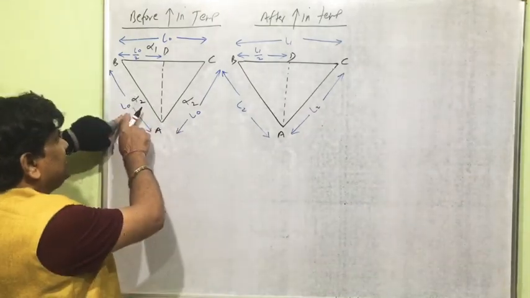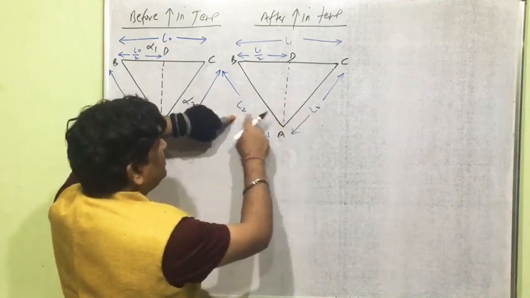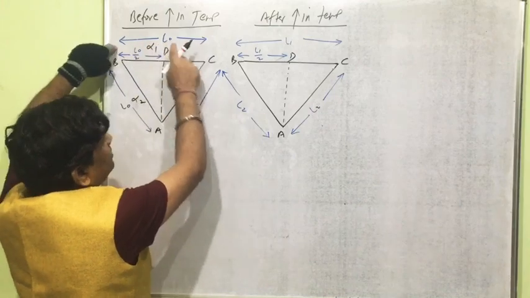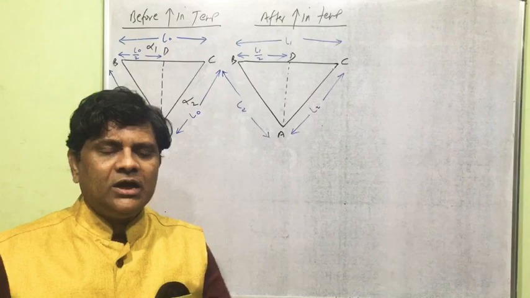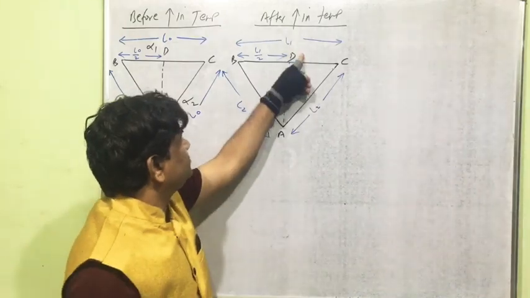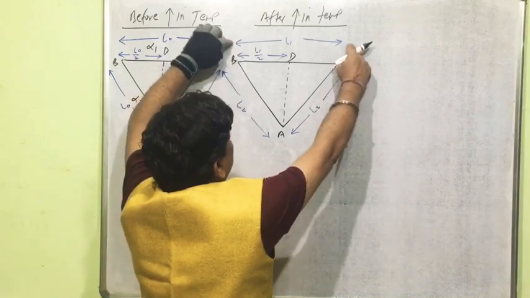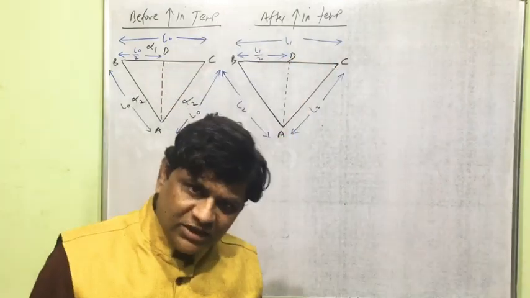Initially this length is L naught, finally it will become L2. Initially length of BC is L naught, finally length of BC will become L1. But again D is the midpoint of BC, so if this length is L1, length of BD will become L1 by 2.